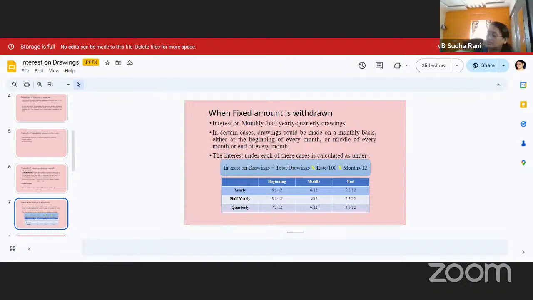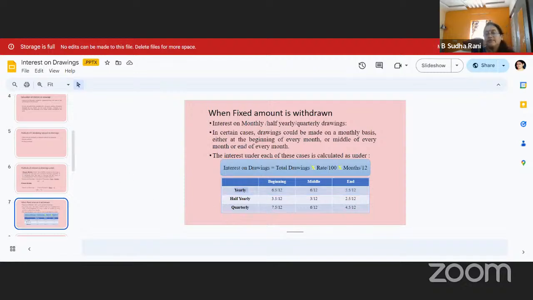Very good. Into 6%, means 6 by 100. Into, since he is drawing at the beginning of the month, 6.5 by 12 you should take. So 6,000 into 6 by 100 into 6.5 by 12. Like that you should take and do the division. Understood?